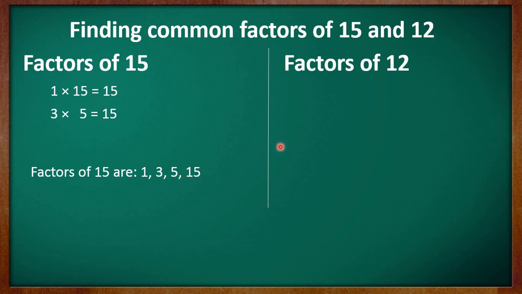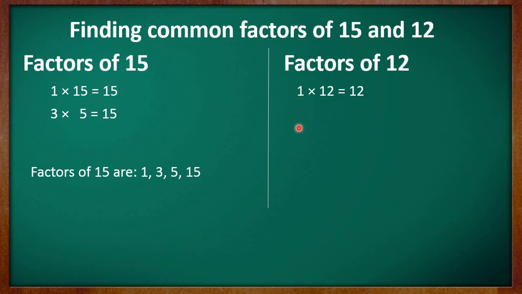Kids, in a similar manner, we will find the factors of 12. So, the first multiplication fact which will give us the factors of 12 is 1 multiplied by 12 is equal to 12. Since we know that the smallest factor of any number is 1 and the greatest factor of any number is the number itself, here 1 and 12 both are the factors of 12.